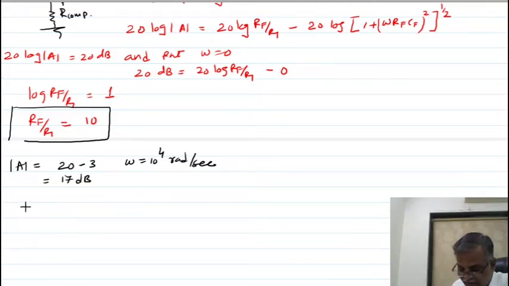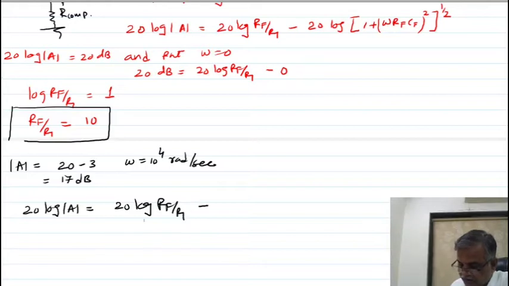Again I am writing, it is very simple: 20 log A is equal to 20 log Rf by R1 minus 20 log of 1 plus omega Rf Cf whole square raised to 1/2.